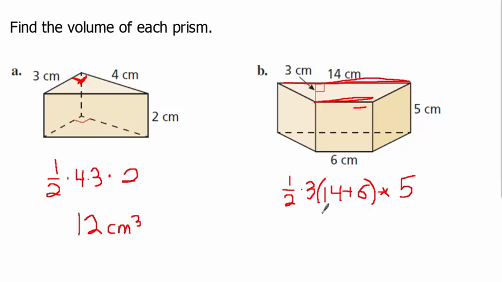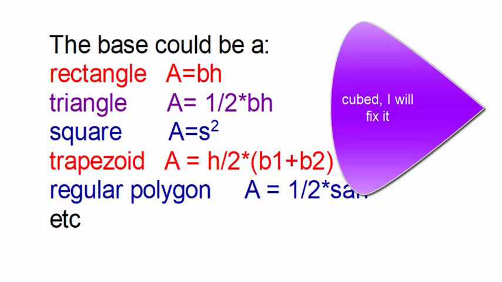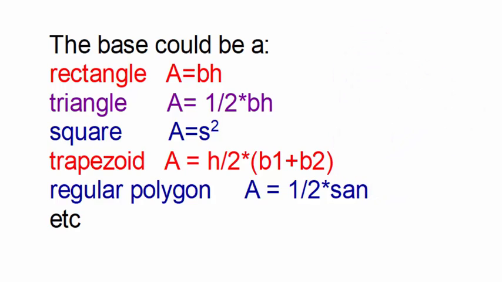So this here becomes 30. 30 times 5 is 150 centimeters cubed. The base can be a rectangle, a triangle, a square, a trapezoid, a regular polygon, a whole bunch of different things. In each of those, we have different equations. If you do not have these memorized, make sure you have them written down before you move on.